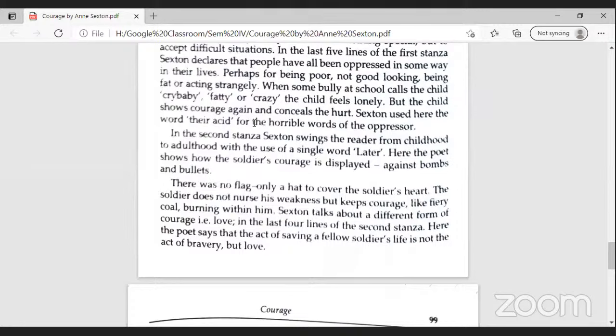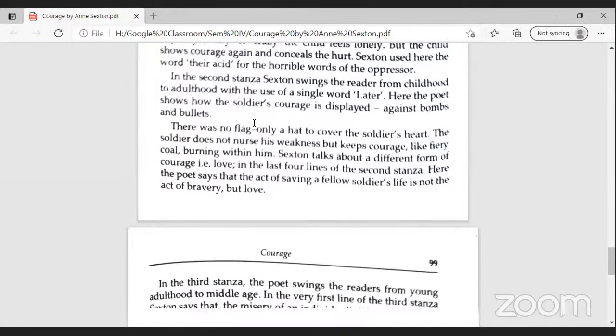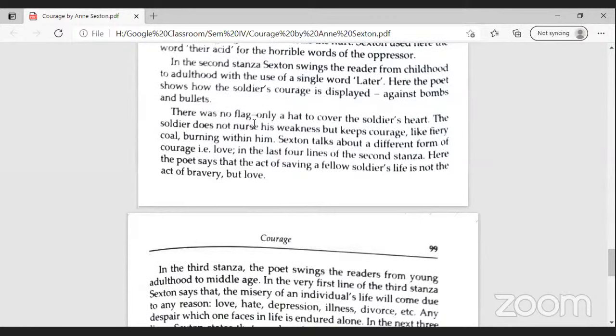In the second stanza, Sexton swings the reader from childhood to adulthood with the use of a single word, later. Here, the poet shows how the soldier's courage is displayed against bombs and bullets. There was no flag, only a hat to cover the soldier's heart.